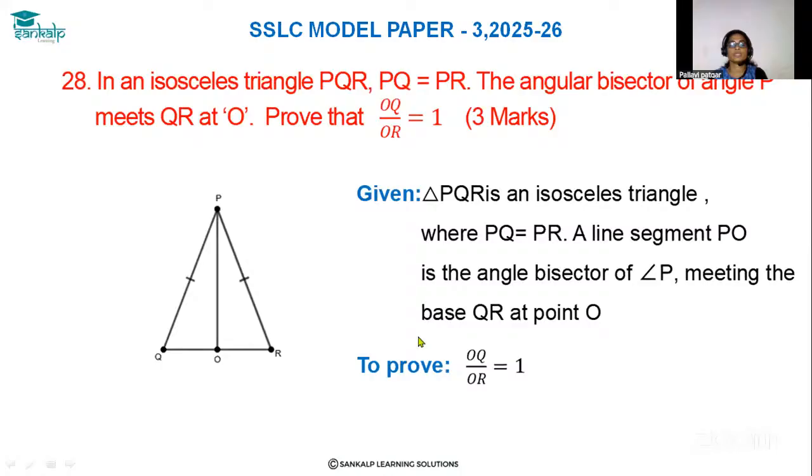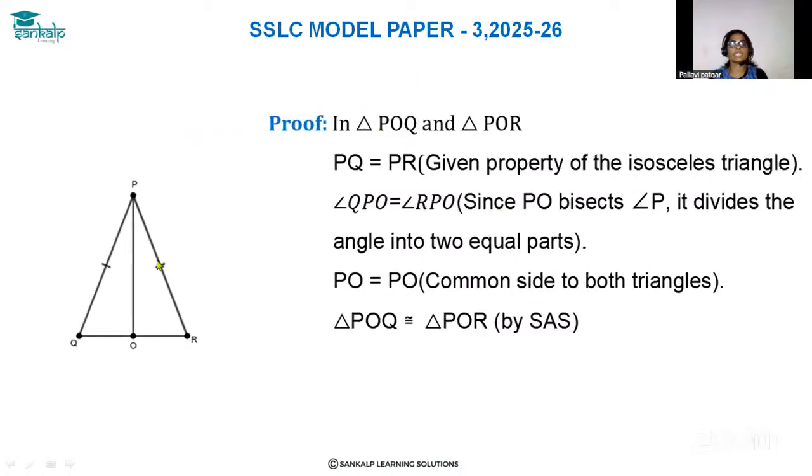So prove in triangle POQ and POR. So here PQ is equal to PR side, given property of isosceles triangle.